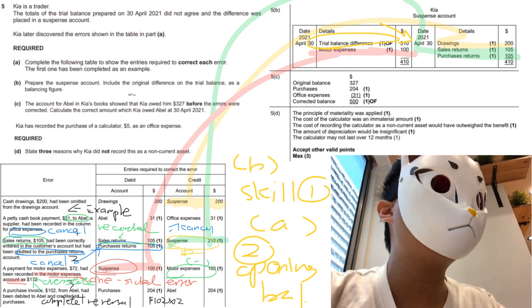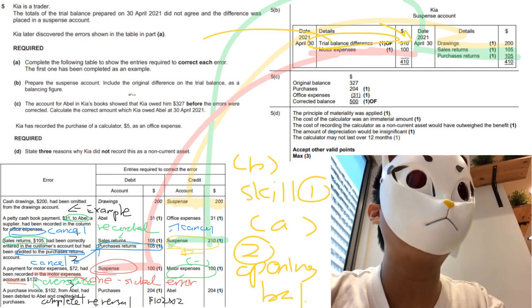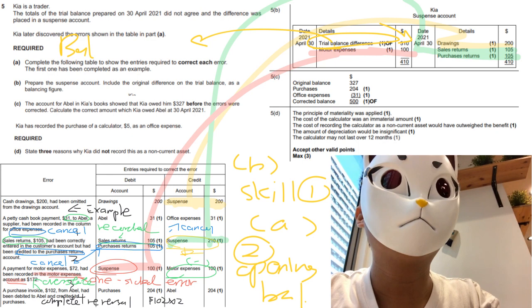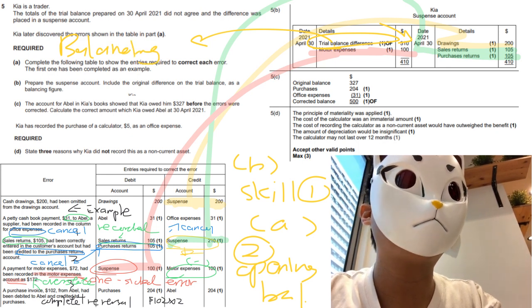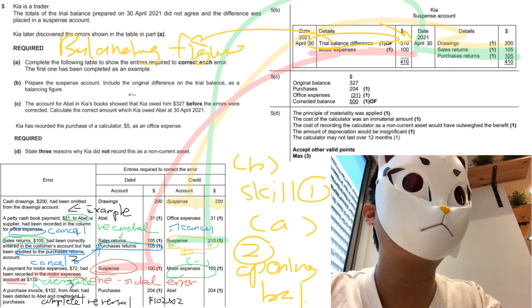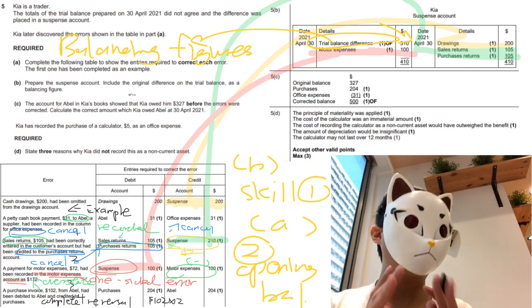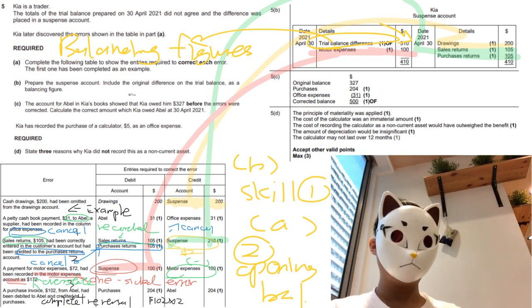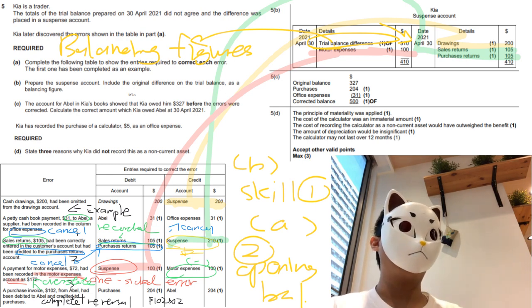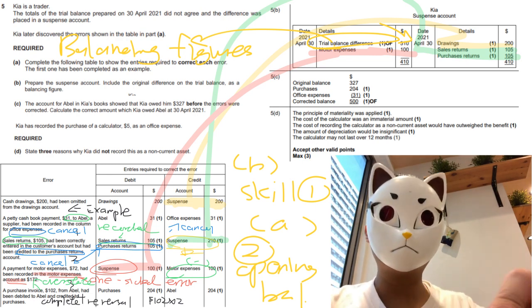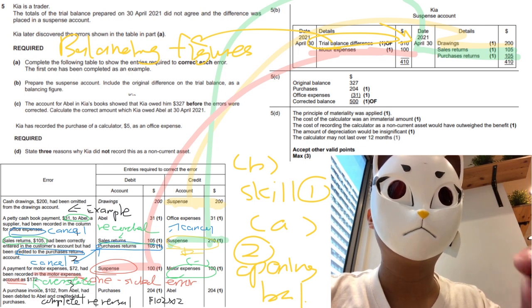I will call it the balancing figure, because we have to figure it out in the last step. Remember that the opening balance is not given in the question, so you have to find it out on your own. So right now we will move on to part C.